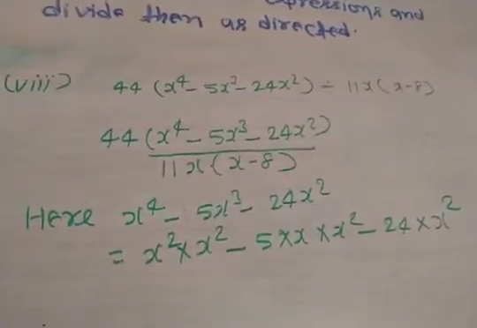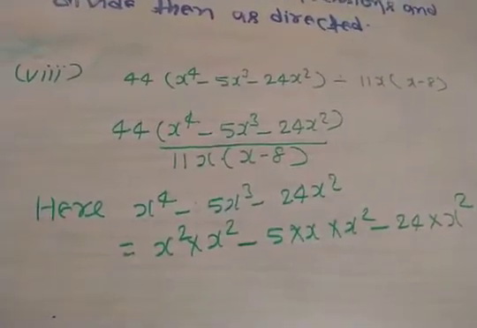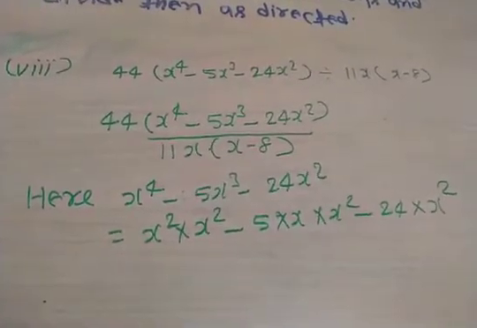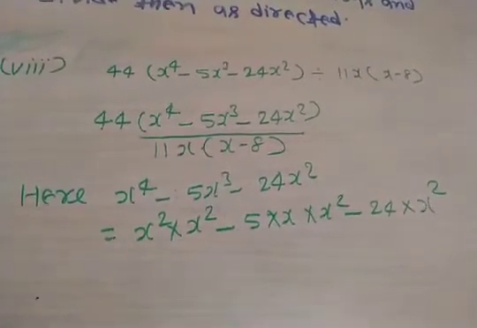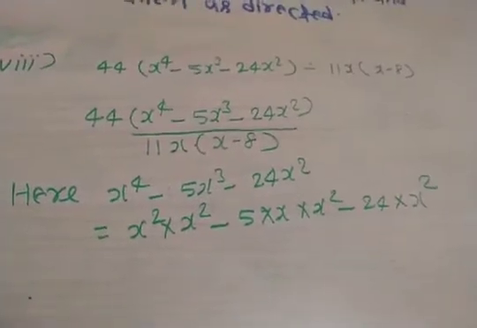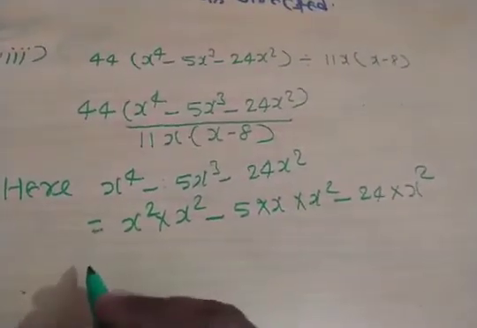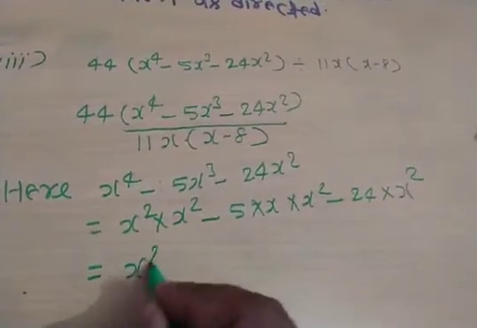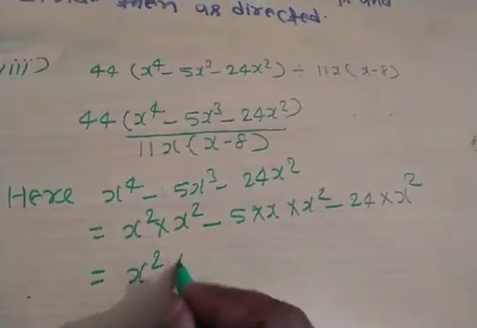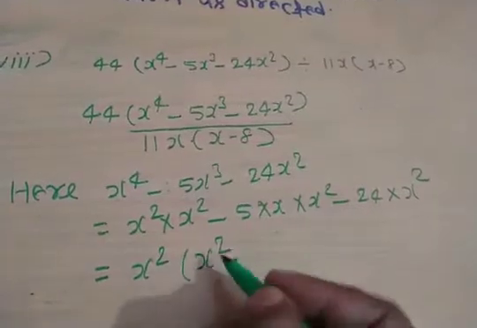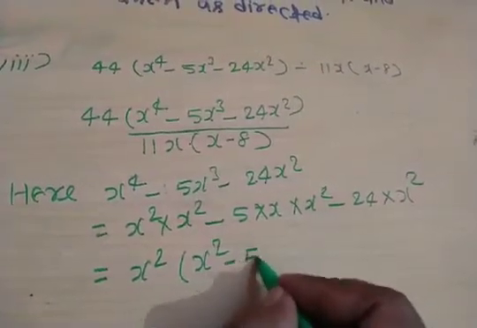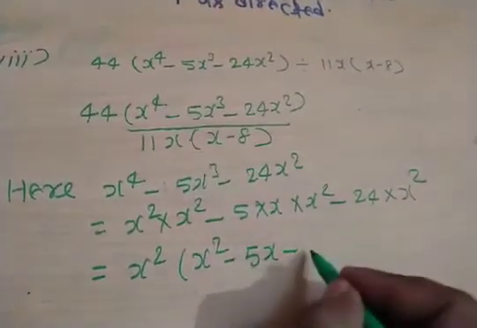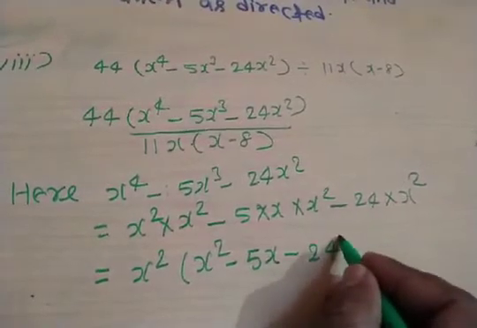So student, you can see here x square is common between them, so you can take common x square, and then we obtain here x square minus 5x minus 24.